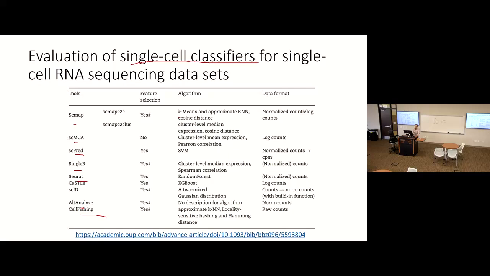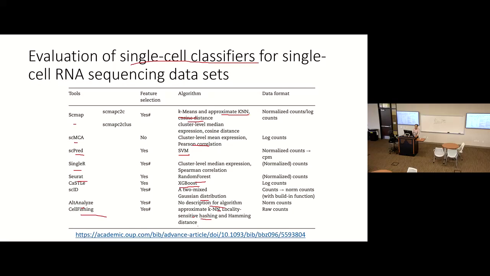Look at the algorithms. There are k-means, KNN, cosine distance. There are SVM, and Spearman correlation based. This one is random forest based.